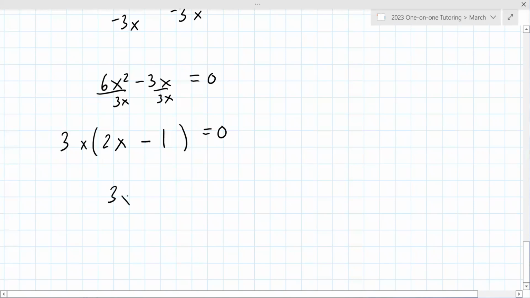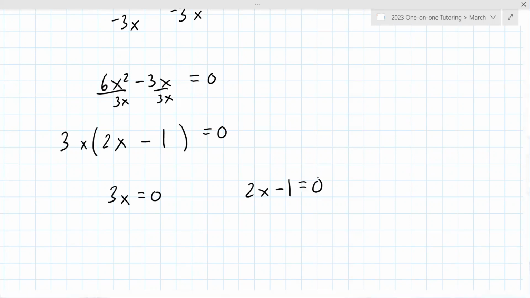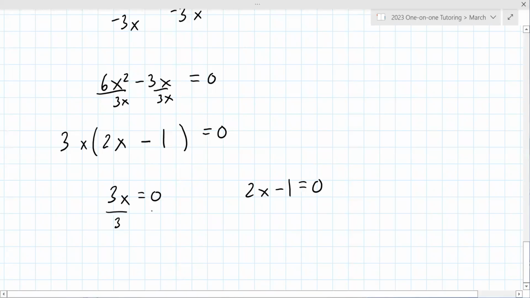So 3x equals 0. 2x minus 1 equals 0. And then do you divide by 3? Yes.